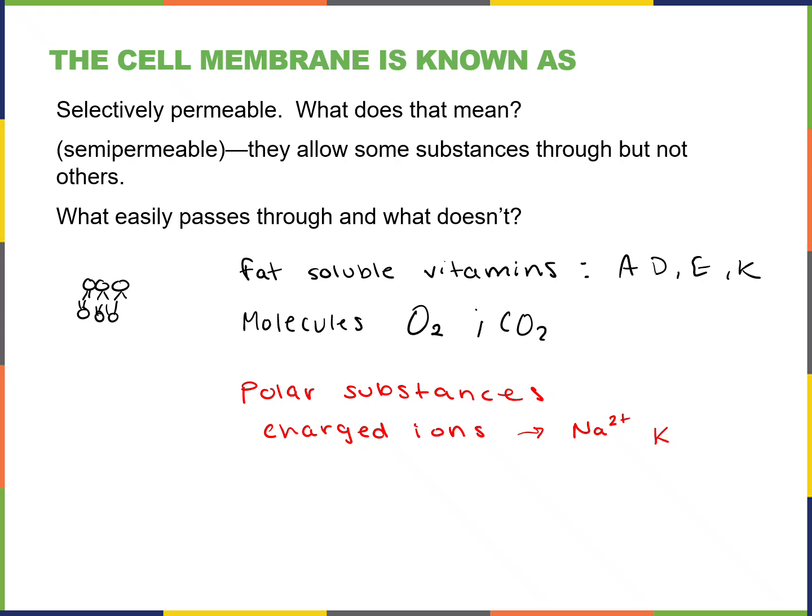I think potassium is also 2+. Calcium, I know calcium is 2+. Chloride, stuff like that. Anything that has a charge to it will be a little bit harder to pass through. Sugars, amino acids, etc.